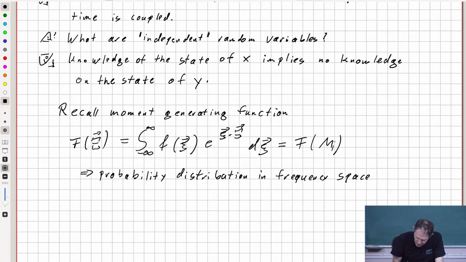So now the thing with independent variables is that there is the factorization of their distribution.